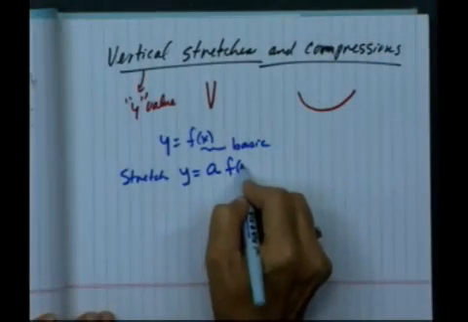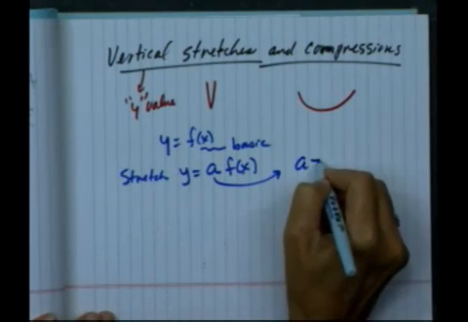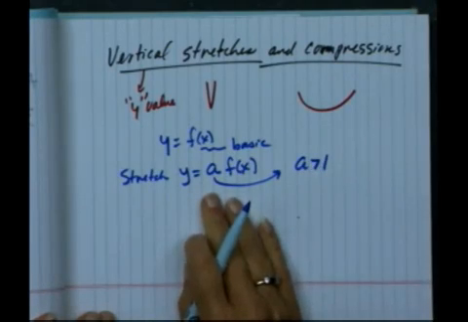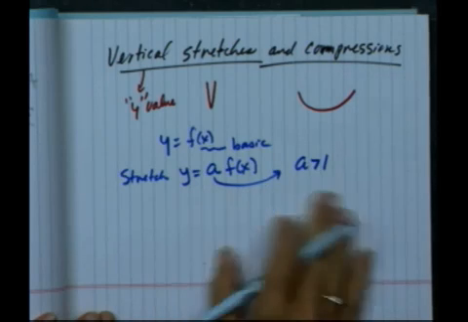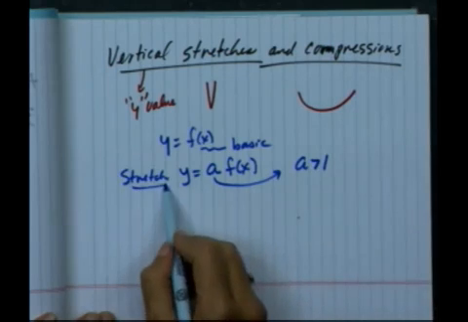You've still got the same x, and instead of it going here, it's got to go way up here. So to stretch it, you take your basic function and multiply by a number a, where a is greater than 1. You might be saying 2 times your y value, or 3 times, or 4 times your y value. You're making it bigger.